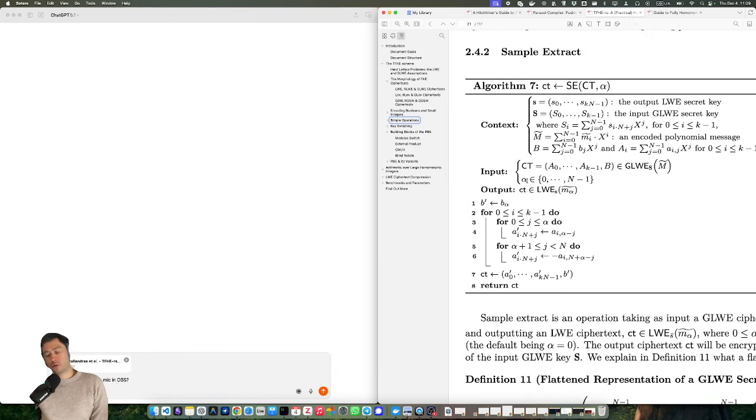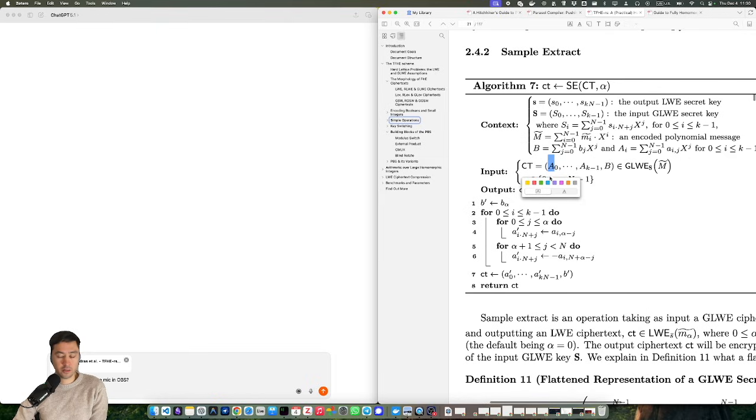We should just think alpha is 0. And if it's 0, we don't have to do that loop, right? It's going to be easy. So this is a vector, because of the G. Everything here is a vector. So this thing is a vector of polynomials.